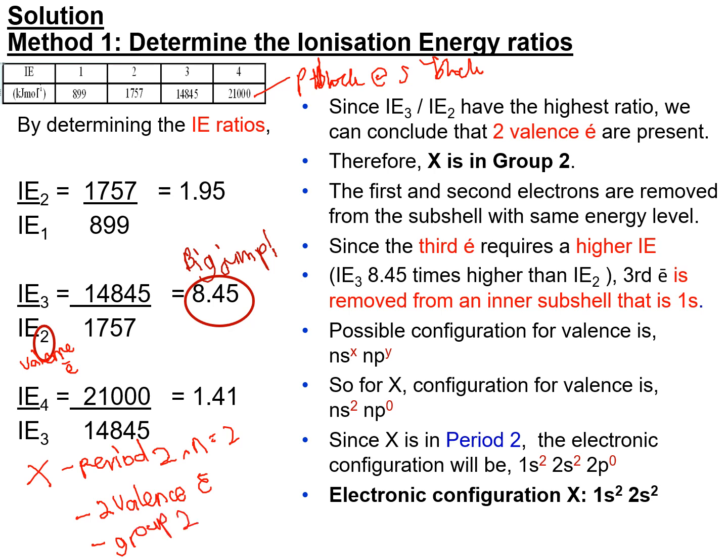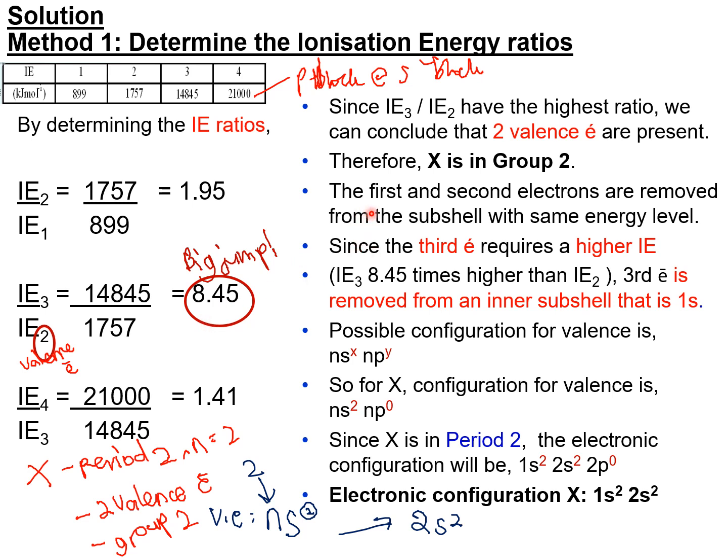So kalau dia berada di group kedua, dia akan ada electronic configuration untuk valence electron dia, which akan dapat ns. n you tahu n equals to 2, s, and then memasukkan the valence electron kat sini, ns2. Kiranya you punya valence electron configuration untuk X will be 2s2. Faham tak? Okay.